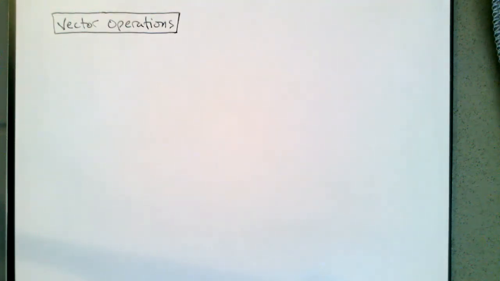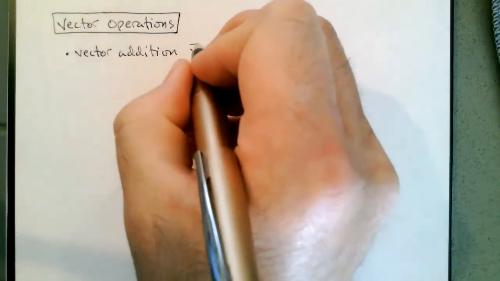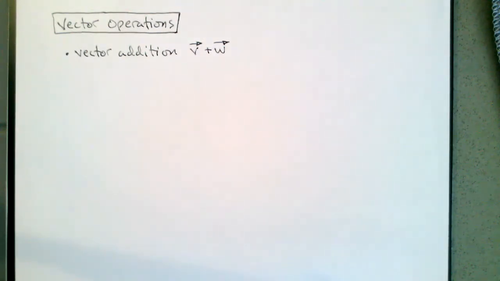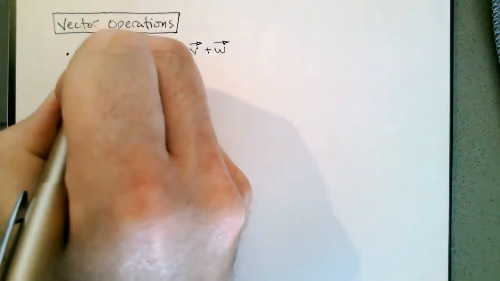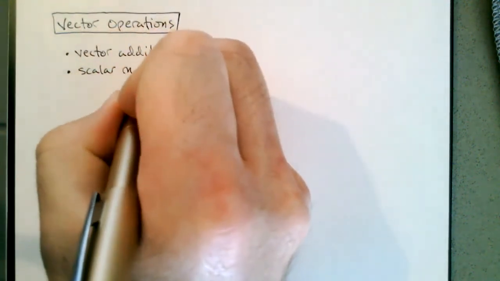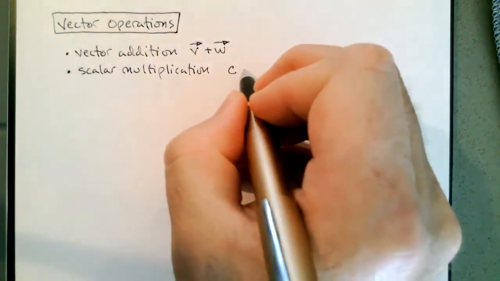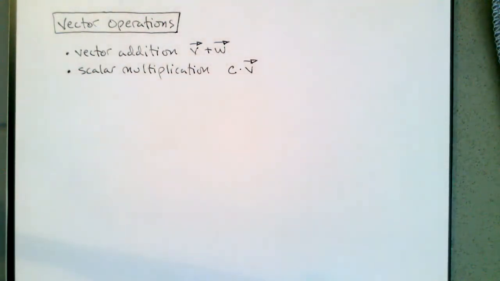We talked about vector addition, how to add vectors. We take a vector plus another vector. And we talked about scalar multiplication, where we take a constant or a scalar and multiply by a vector. These two work exactly how we think they should work.